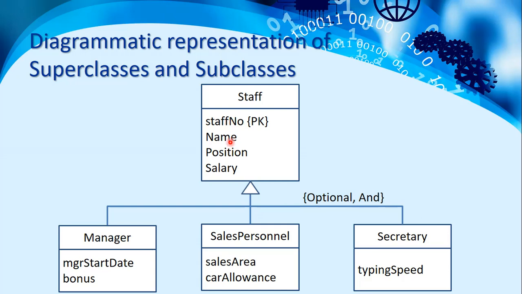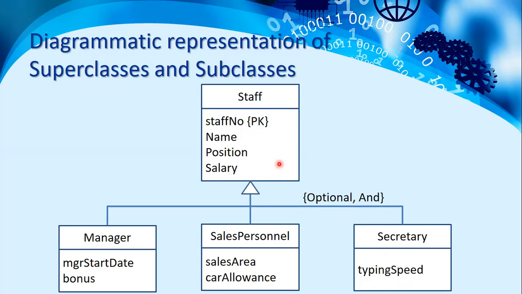So we could say that the manager, the salesperson, and the secretary each have these attributes. Manager has a total of 6 attributes, salesperson has a total of 6 attributes, and secretary has a total of 5 attributes.